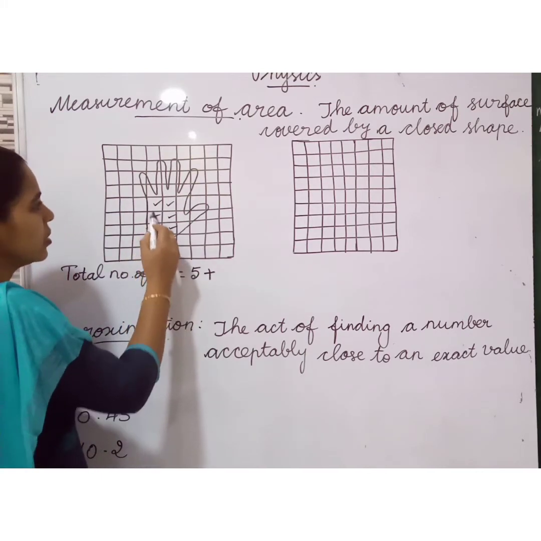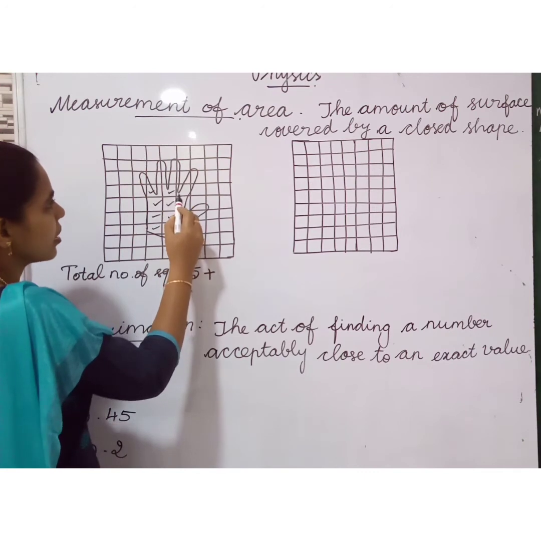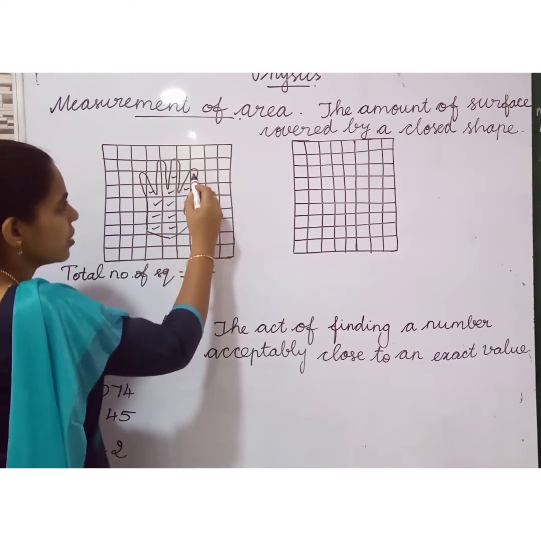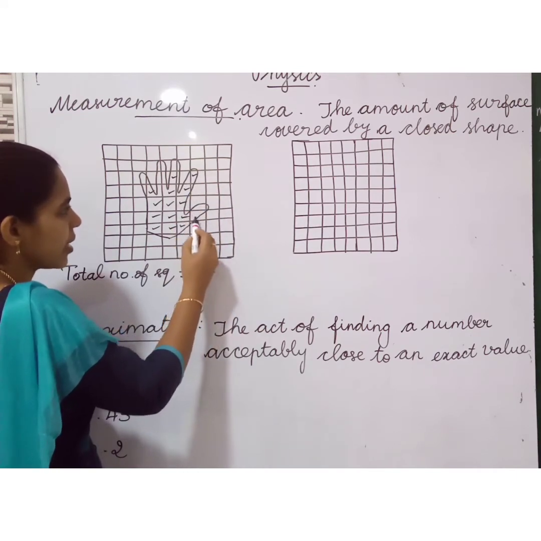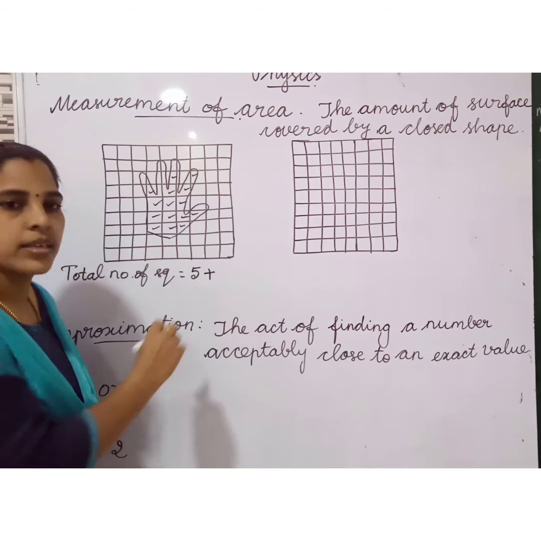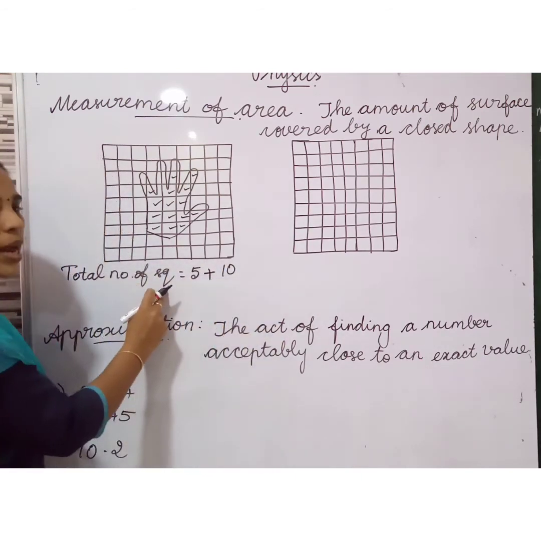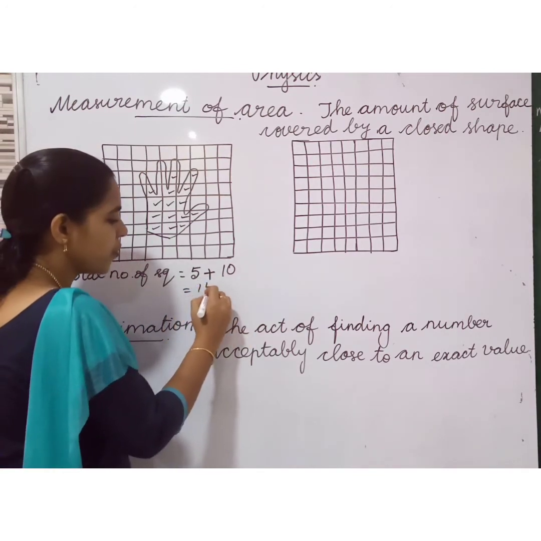1, 2, 3, 4, 5, 6, 7, 8, 9, 10. Okay, 10 squares. So we have to write here 10. Now, total number of squares equals 5 plus 10. How many? 15.